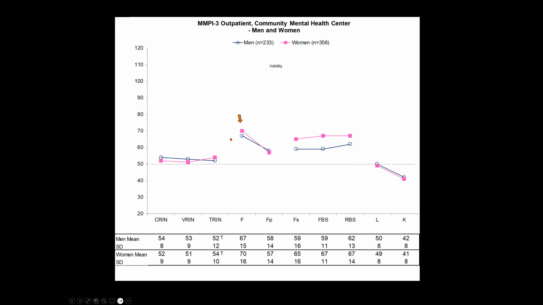And what this represents is the fact that scores on our over-reporting scales, including the F scale of the MMPI-3, are confounded. There's a confound of genuine psychopathology. Individuals experiencing psychopathology do score above average on the infrequency scale F, and also on some of our other over-reporting scales.